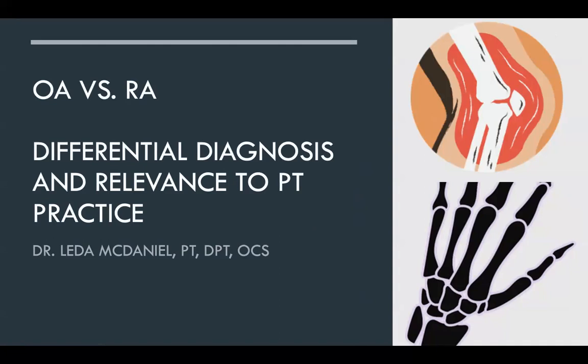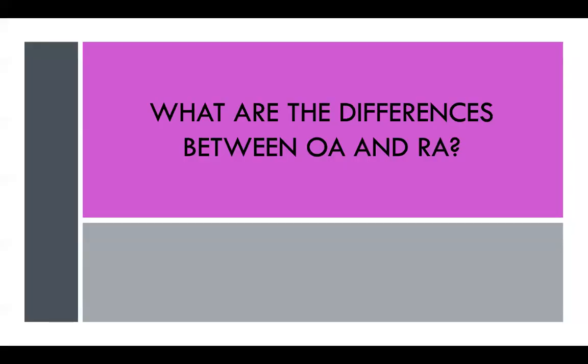So, a brief overview of the pathophysiology, differentiating features from a medical context, but then putting it back into a physical therapy context and how we might be screening these individual patients, helping with diagnosis and referral to rheumatology, perhaps, and prescribing evidence-based treatment and education for our patients with these conditions.